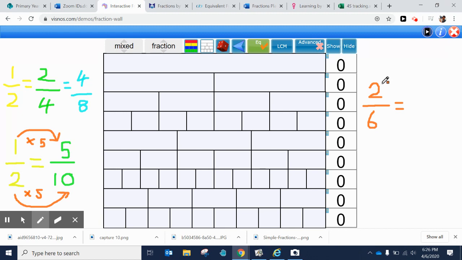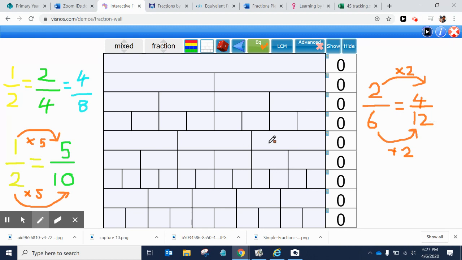I'm going to multiply the numerator by 2, which means I have to multiply the denominator by 2. So if I look at the top, 2 times 2 is 4. 6 times 2 is 12. So what I'm saying there is 2 sixths is equivalent to 4 twelfths.